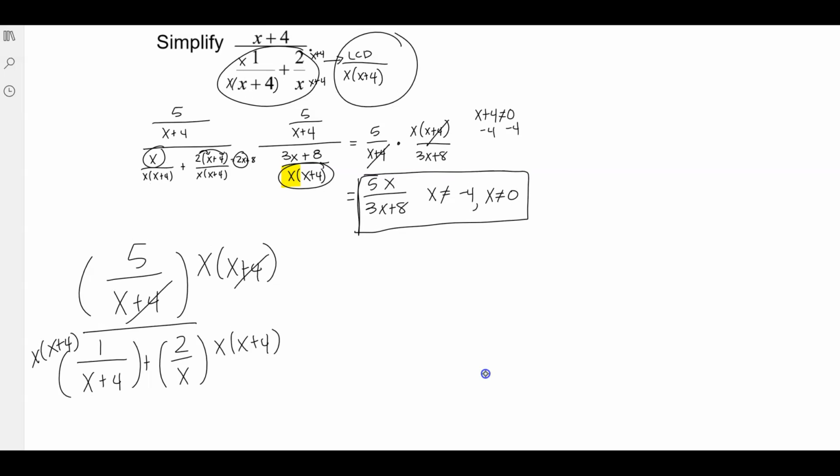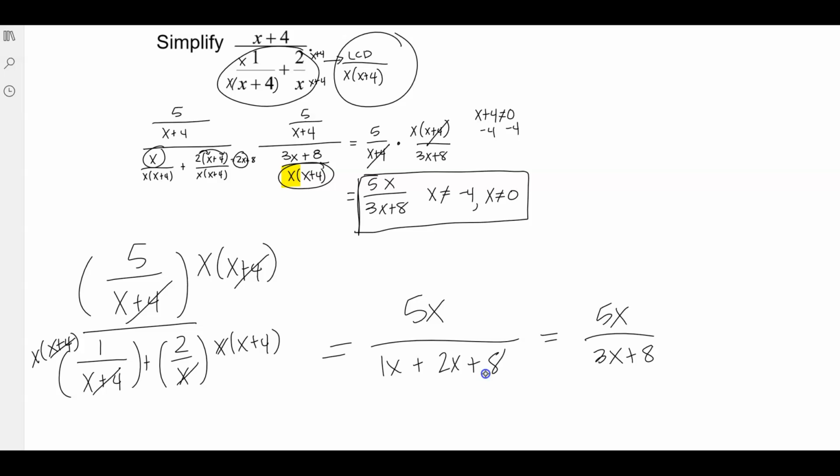So on the top, the x plus 4's simplify. And then on the bottom, you have 1x, and then the x's simplify. Then you have 2x plus 8, which then becomes 5x over 3x plus 8.